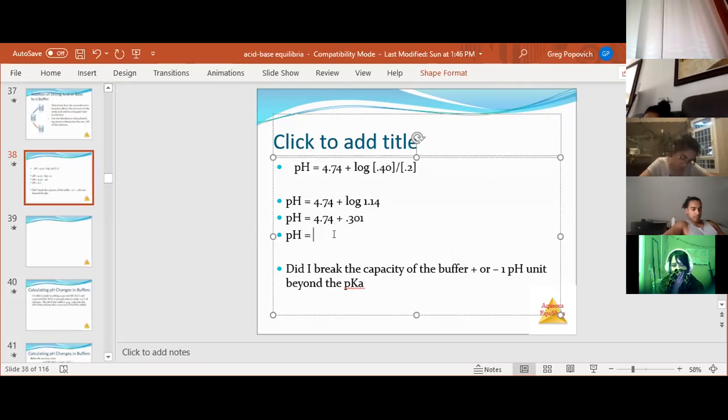So this ends up being 5.05. Did I break the buffer yet? Yes. Wait, no. In order to break the buffer, I have to be at a pH of 5.74 or greater or less than 3.74.